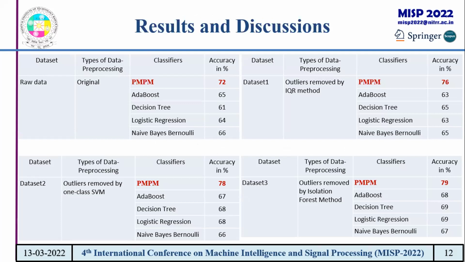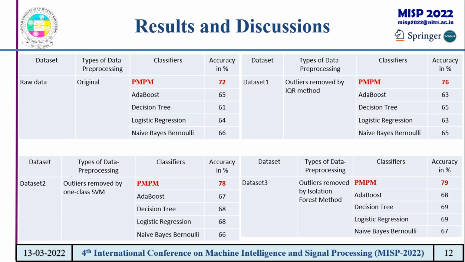Next, results and discussion. On the raw data, even without removing the outliers, we applied all these models. The PMP is the proposed multi-layer perceptron model that we have developed, which gives the highest accuracy compared to the other 4 models on the raw data set. Then we removed the outliers detected by the interquartile range method, which gives a PMP of 76%, and the decision tree and naive Bayes gave the next highest accuracy of 65 on that data set.